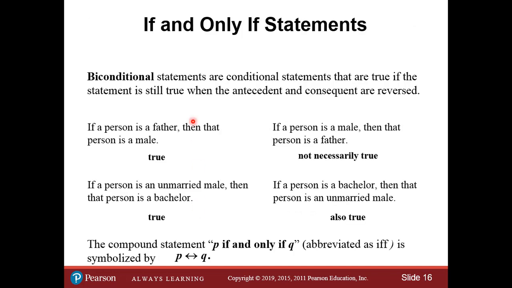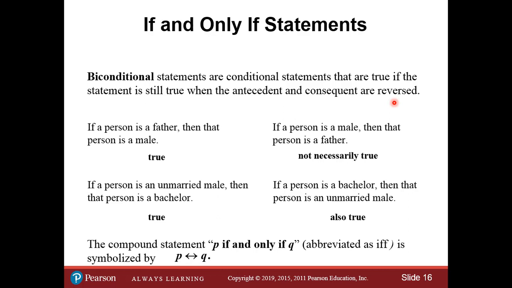Well, if we take those two statements together, it goes both directions. If and only if. Okay? So this is what we call the biconditional. Biconditional statements are conditional statements that are true if the statement is still true when the antecedent and the consequent are reversed. In other words, the conditional goes both directions. Okay? If one side is true, the other side has to be true.